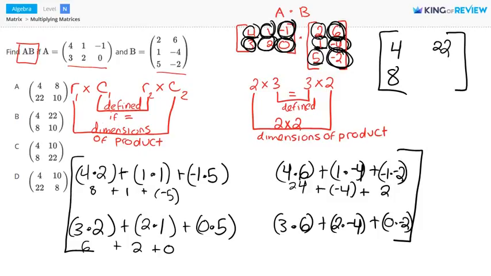And the last entry, 3 times 6 is 18, plus 2 times negative 4, which is negative 8, plus 0 times negative 2, that's 0. 18 plus a negative 8 plus 0 equals 10.